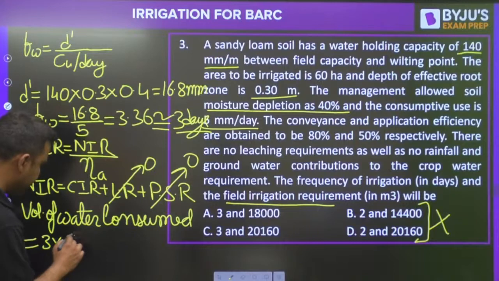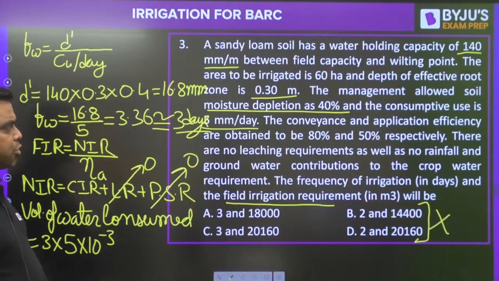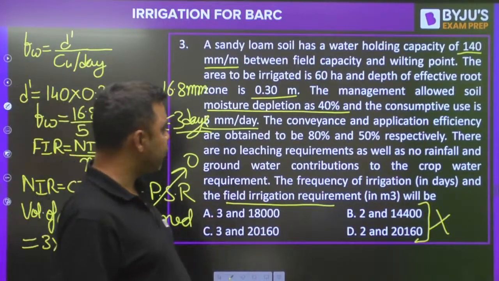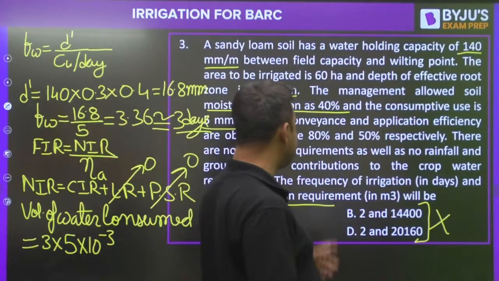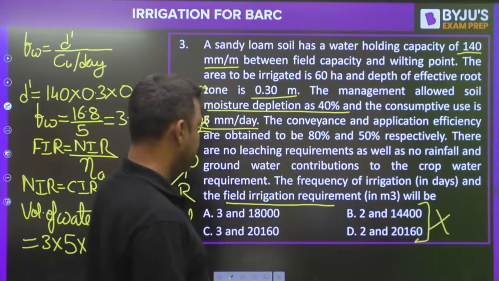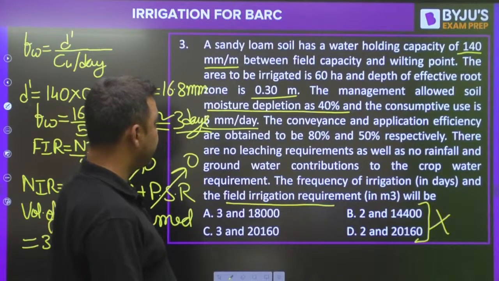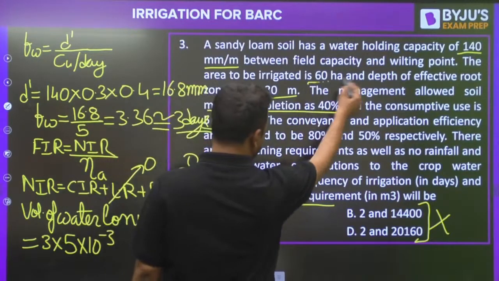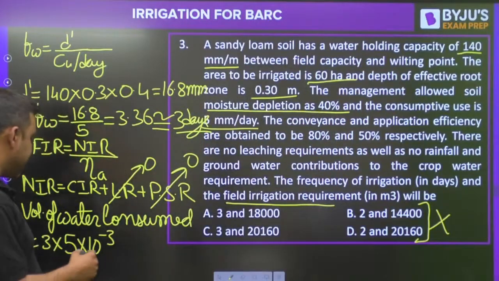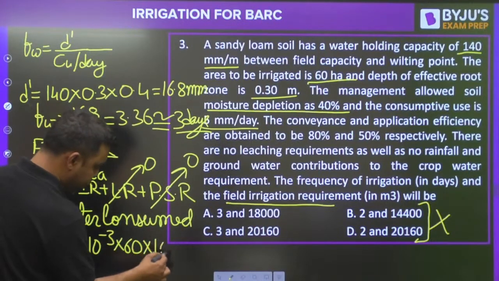So the volume of water consumed, which is nothing but my CIR, will be 3 into 5 into 10 to power of minus 3, the net depth of water consumed. And this depth of water is to be supplied over which area? 60 hectare, right? So into 60 into 10 to power of 4.